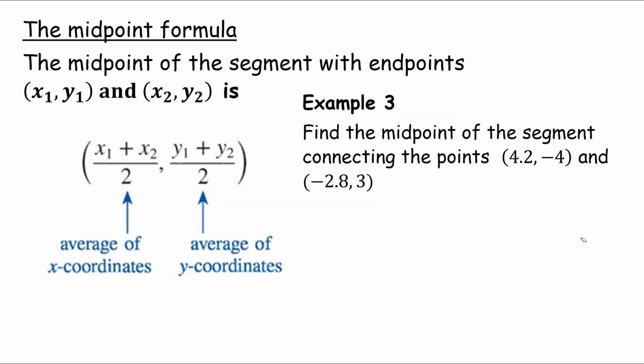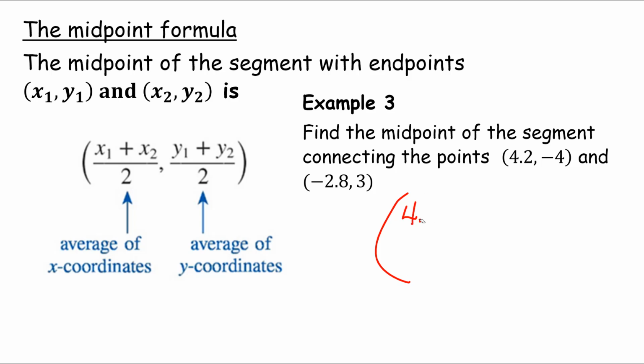All right, the midpoint formula. If you want to find the midpoint of any segment, you look at the endpoints and take the average of the x coordinates and the average of the y coordinates. So if you wanted to find the midpoint of a segment connecting (4.2, -4) and (-2.8, 3), that is exactly what you would do.